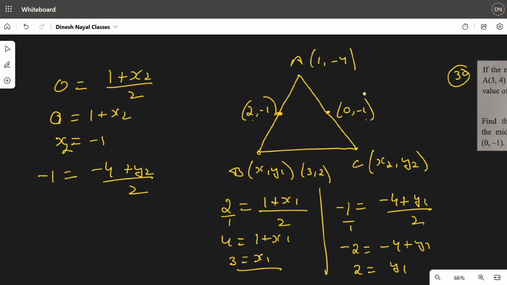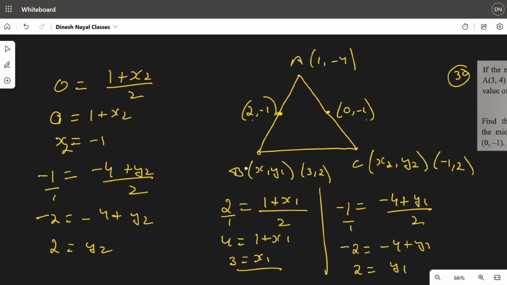And you cross multiply, this becomes minus 2 equals minus 4 plus y2. Take minus 4 to that side, that will be positive. Minus 2 plus 4, that is 2 equals y2. So x2, y2 is (minus 1, 2). So C is (minus 1, 2). I'm just writing it over here.